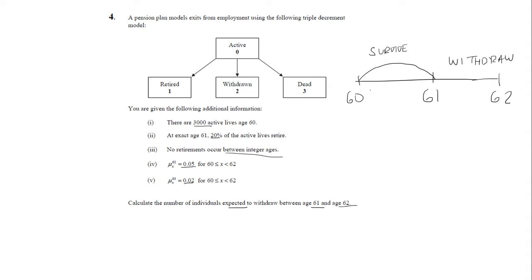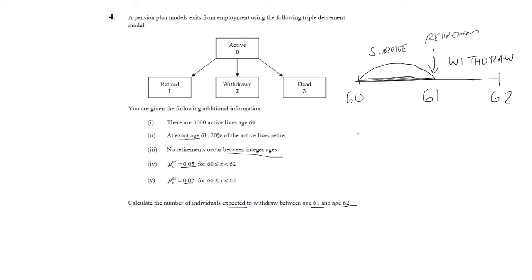Okay, so retirement occurs at exact age 61, and that's 20% of the active lives. So retirement happens over here. And you can withdraw or die anywhere in this interval.